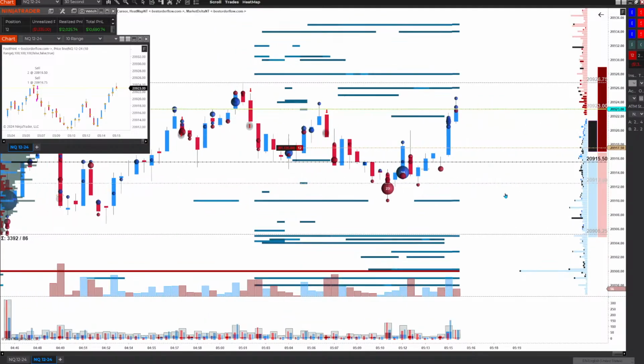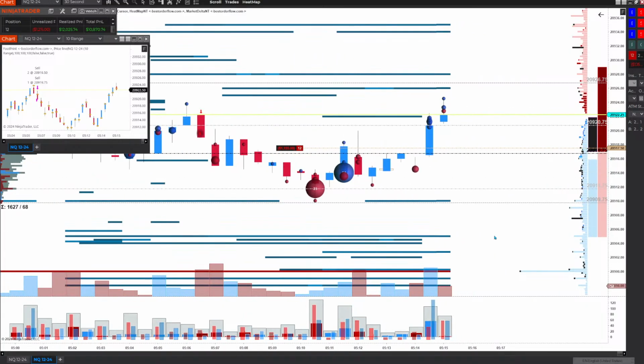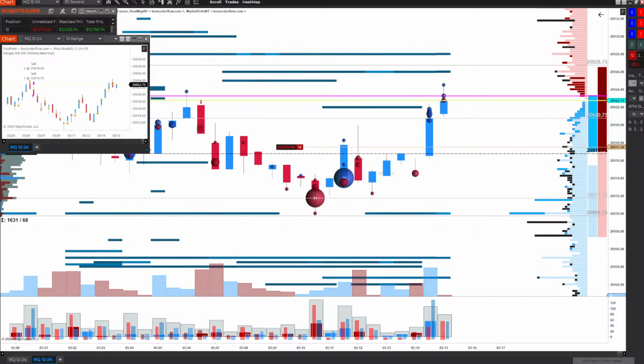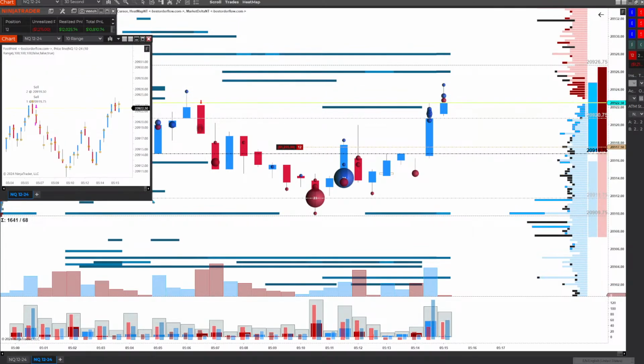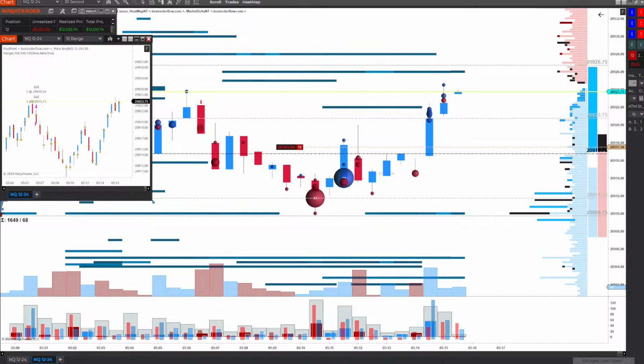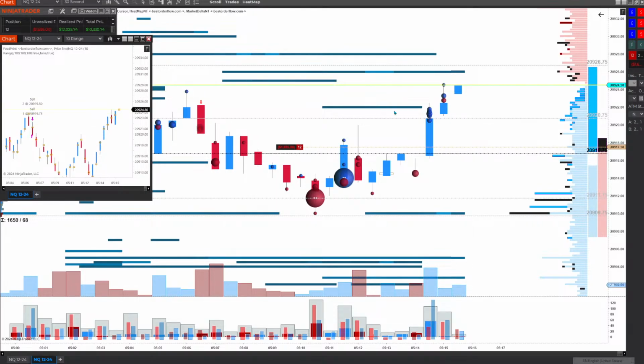Okay, buddy, reverse it. Here we go. That's exactly what's going to happen now. There is some liquidity, but not too much. 12 is what? It's just a joke.